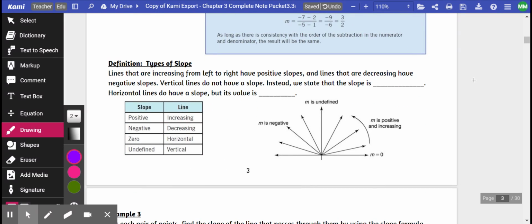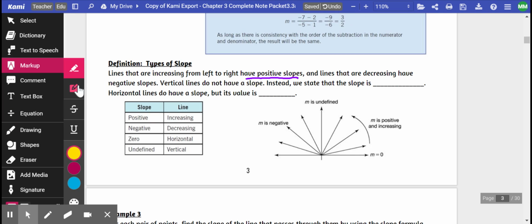Also, types of slope. This is something that I did briefly mention at the top of this page. Lines that are increasing from left to right have positive slopes. So all of these over here are positive.